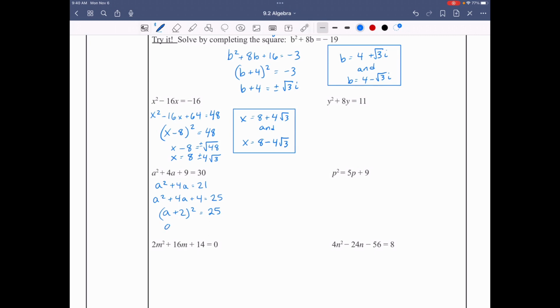Taking the square root of both sides, we have a plus 2 is equal to plus or minus the square root of 25, which is 5. I'm going to subtract 2 from both sides. So a is equal to negative 2 plus or minus 5. If I simplify that, negative 2 plus 5 is 3, and negative 2 minus 5 is negative 7.